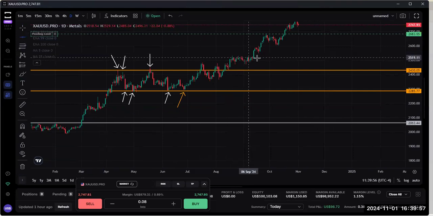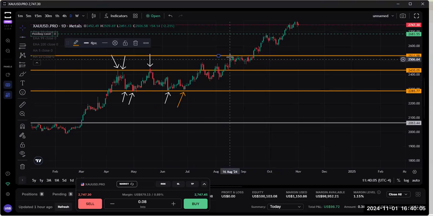So when I move this, I'm seeing that around here, price respected this area. Okay, that's 2530, 2531.